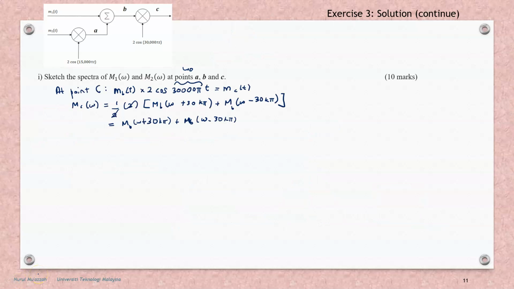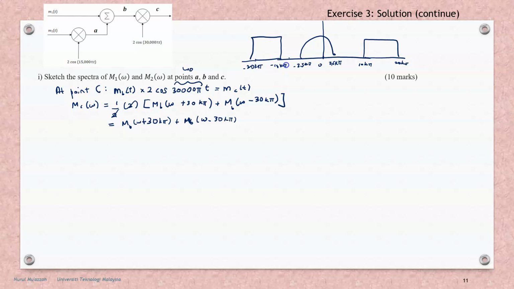M_B(omega) here is like this. We have the dome, we have the rectangle, with the origin at 0. This is 0.5k, from negative 2.5k pi to 2.5k pi. This is from 10k pi to 20k pi, and this is from negative 10k pi to negative 20k pi.